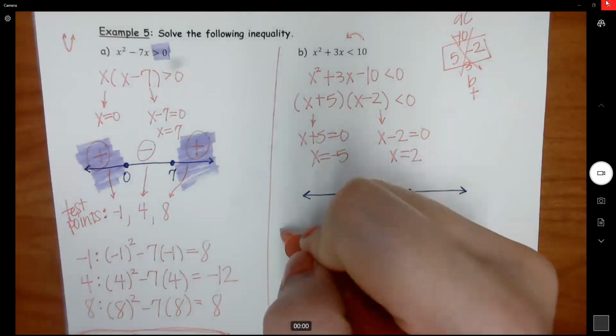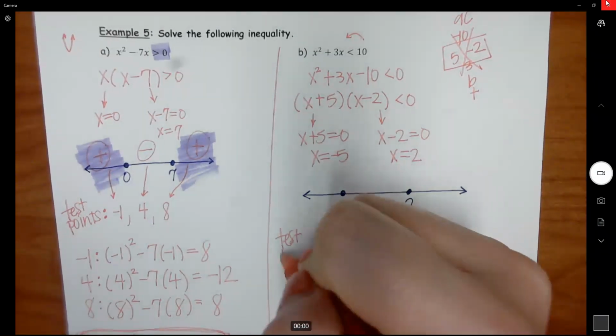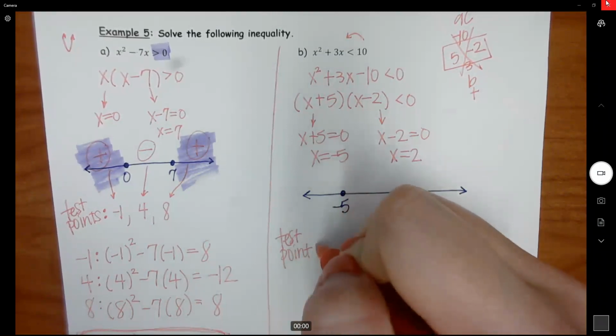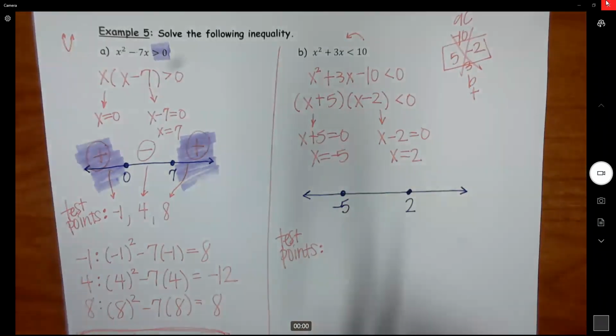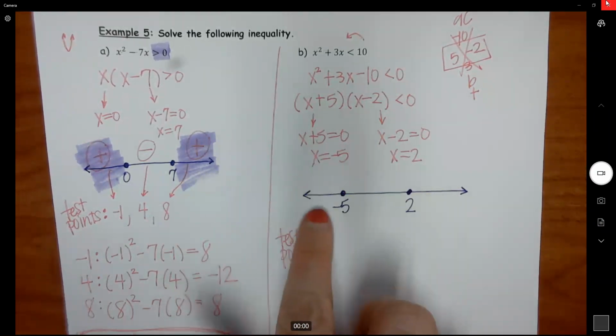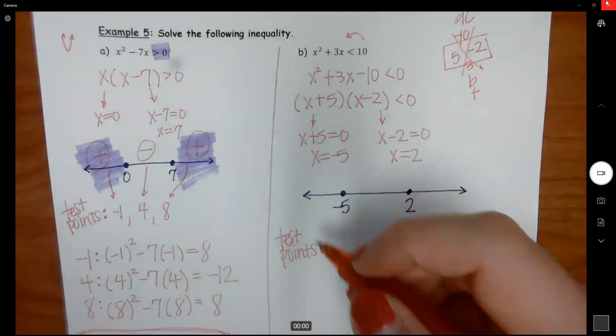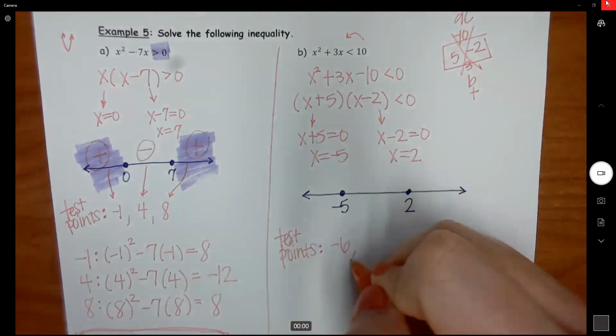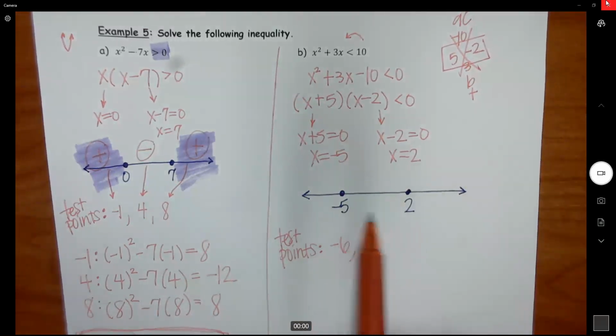So I need to find some test points between my 3 intervals. I need something over here that's less than negative 5. Let's go negative 6.